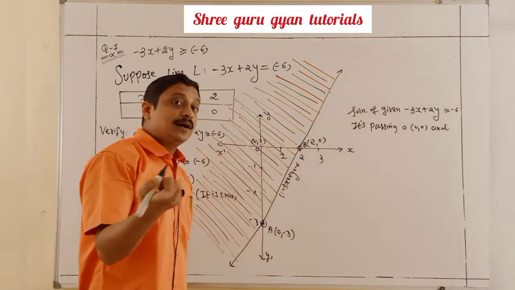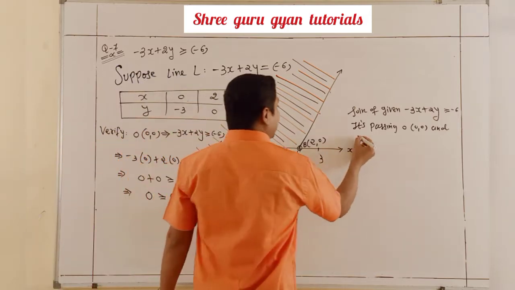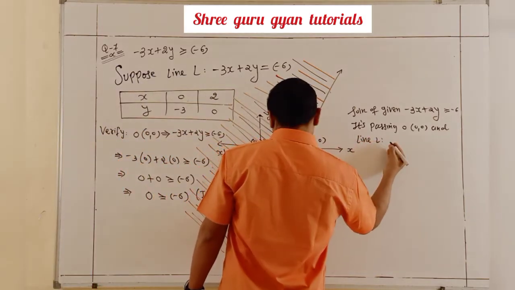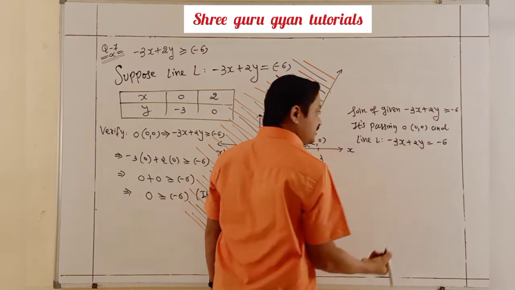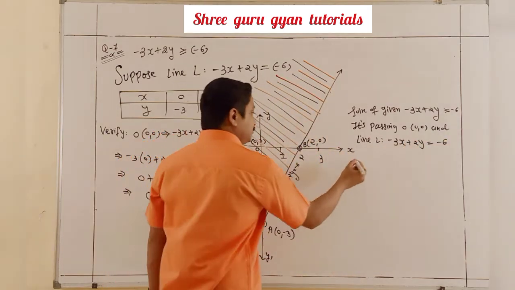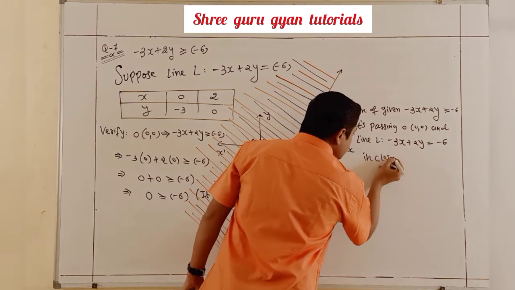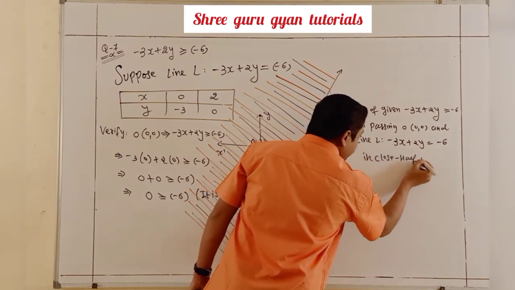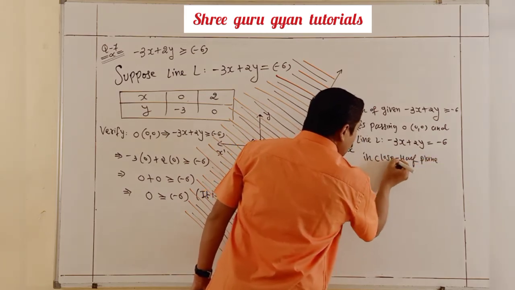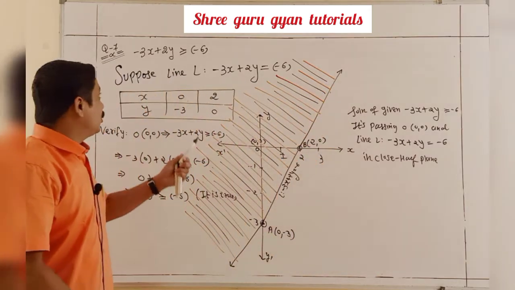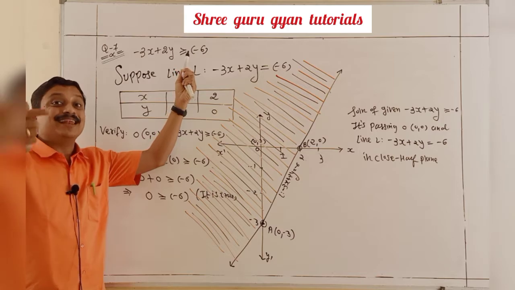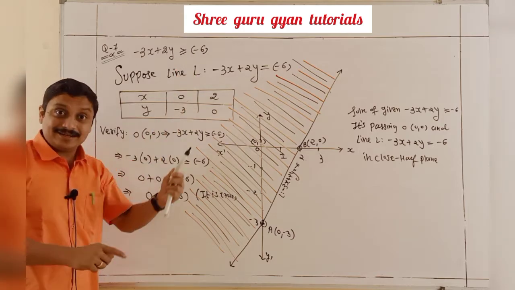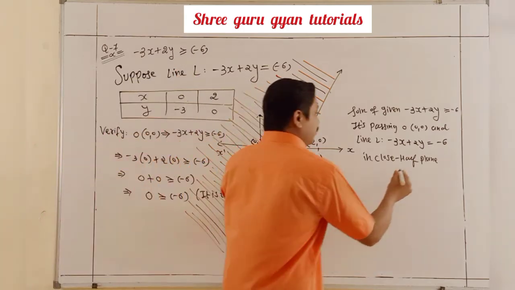Now write the line L: -3x + 2y = -6, in closed half plane. Why write closed half plane? Because here it is given 'or equal to'. It means the line is included in the answer.